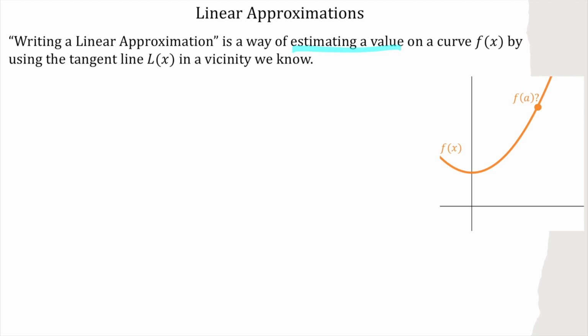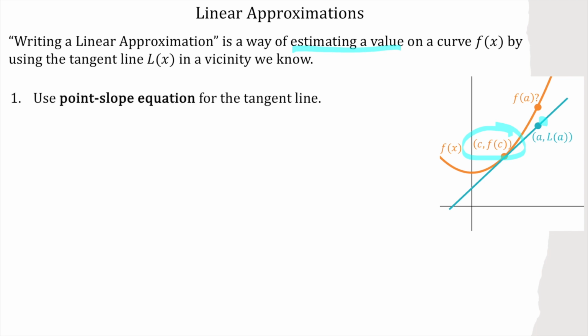But I do have information at c. I know c and I know f of c. And I can write the equation of a tangent line right there to estimate f of a. I got my point a little off, didn't I? That's okay. It's an estimation.